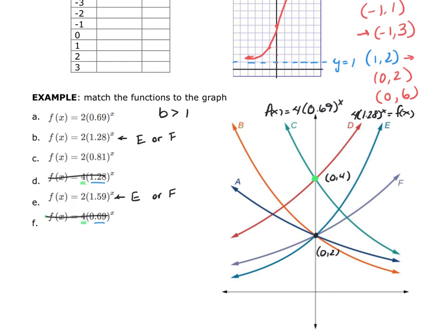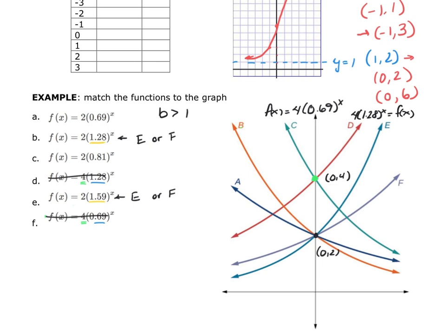So what we do is we look at the base itself. The bigger the base, the quicker it approaches the y-axis. So the steeper it is, the bigger the base. So we have to decide which one of these is the steeper number. That one or that one, which is the larger number.